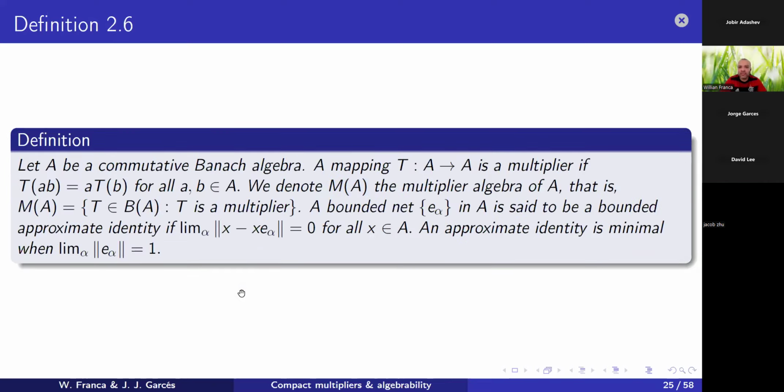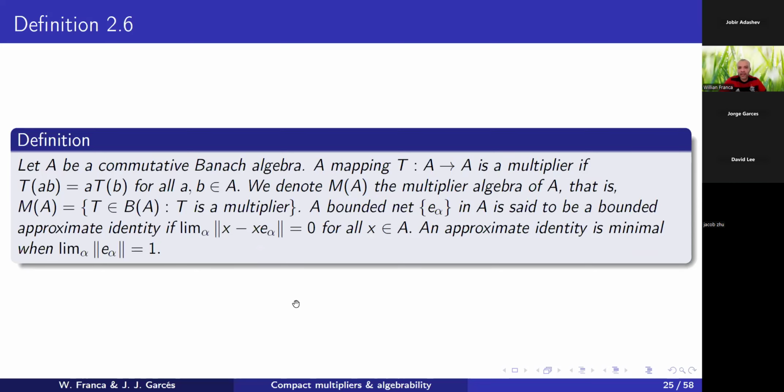Another thing we should mention: a net is said to be an approximate identity if it satisfies this equality in the limit. And the approximate identity is minimal when the limit of the norms of the elements that generate the approximate identity is equal to 1.